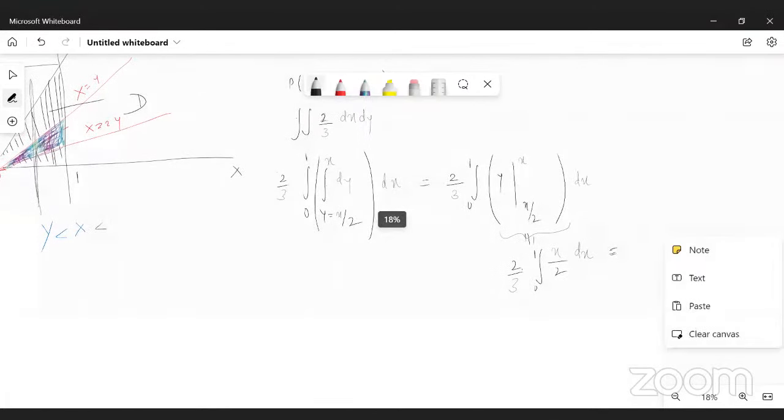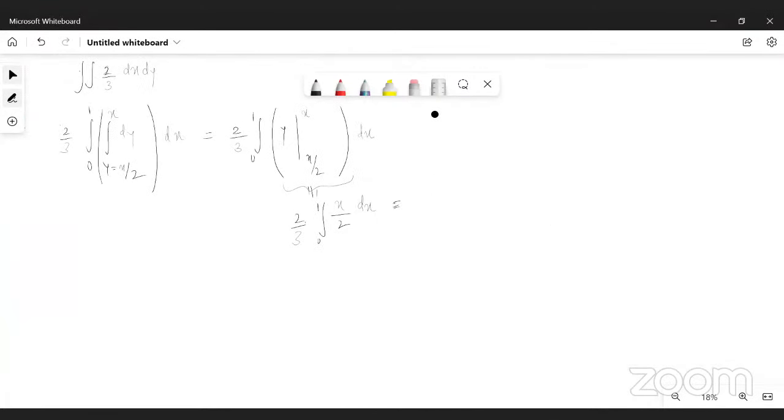So this becomes 2 by 3. You can take this 2 out, and again you have x square by 2. Taking the 2 out again, with limits 0 to 1, if you solve this, you will get 1 upon 6. So I hope this should be the answer.